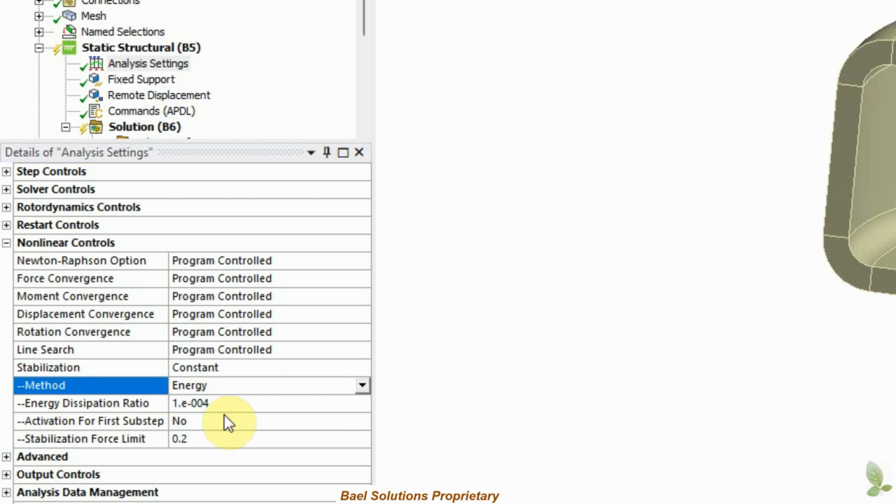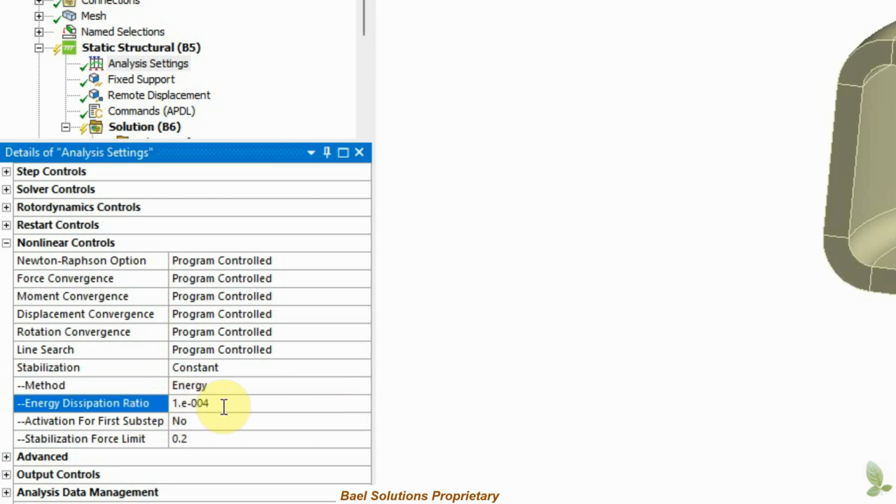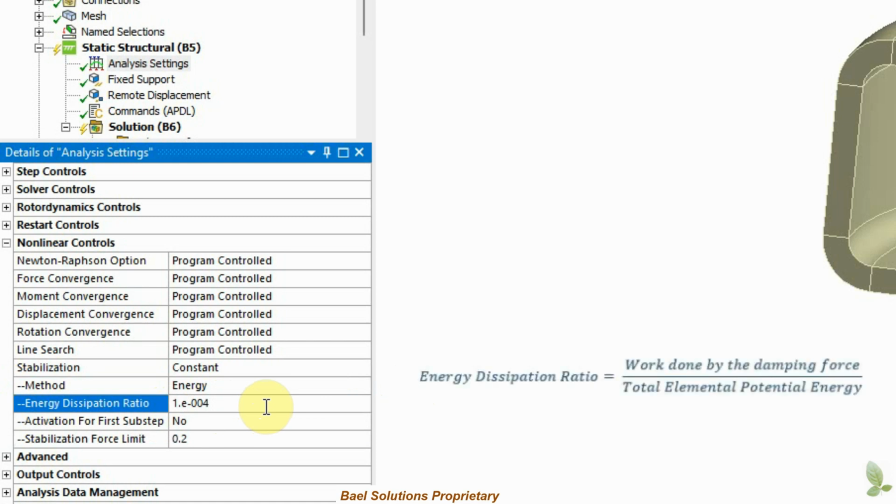The energy dissipation ratio is by default set to 10⁻⁴. It is the ratio of work done by the damping force to the elemental potential energy. As we have seen in the previous module, elemental potential energy, or stiffness energy, is very high when the deformations in the structure are very high.